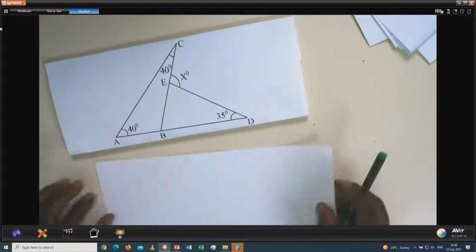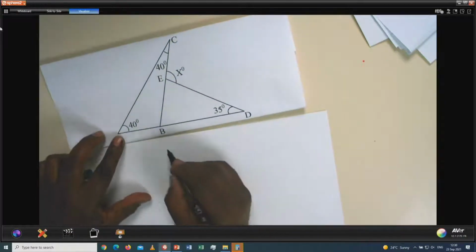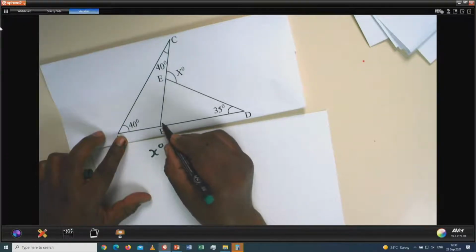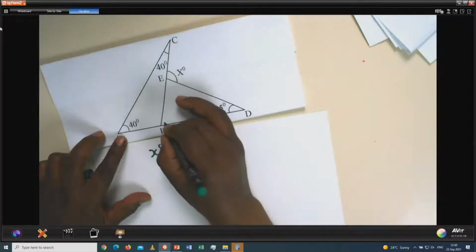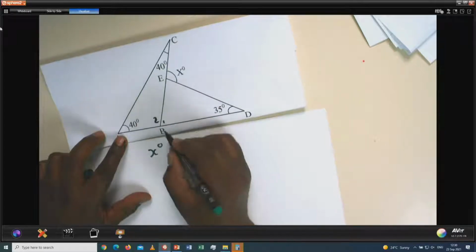The relationship is x degrees plus, let's call them B1 and B2, plus B1.